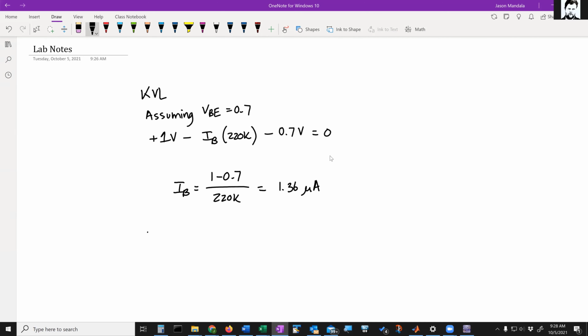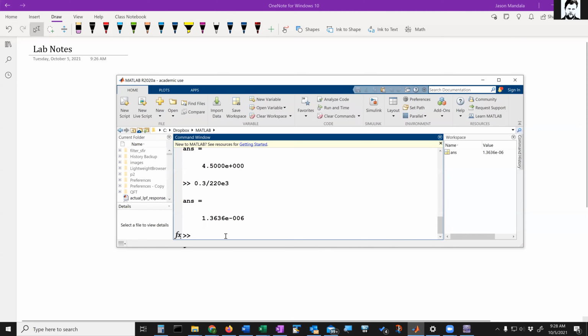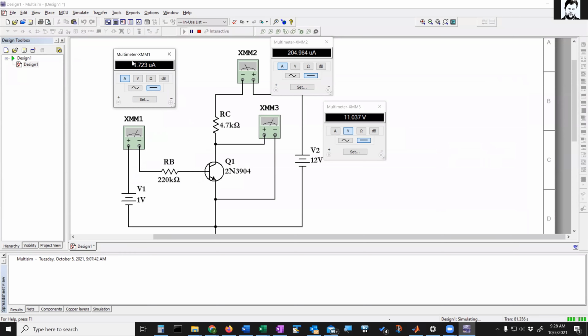But if we had changed VBE to be like 0.6 or 0.5 or something a little bit lower, what that would do is make this part being subtracted smaller. So the overall result will be larger. If I tried it with 0.6, for example, then this would be 0.4 instead of 0.3. And you can see I'm getting much closer to what I measure, 1.81. So it looks like the transistor in the simulation is dropping about 0.6-something volts, 0.62 maybe. So that's a perfectly reasonable answer.